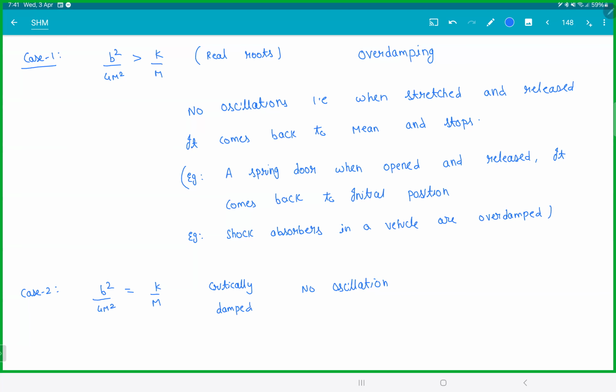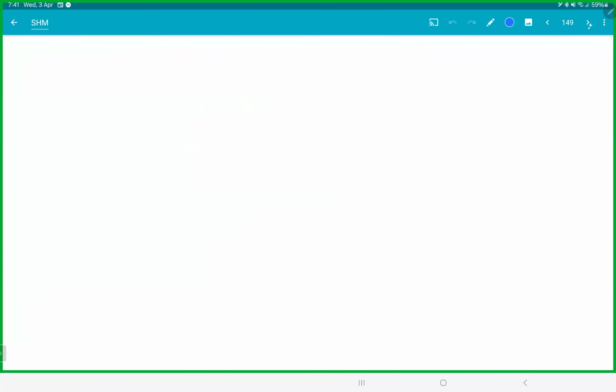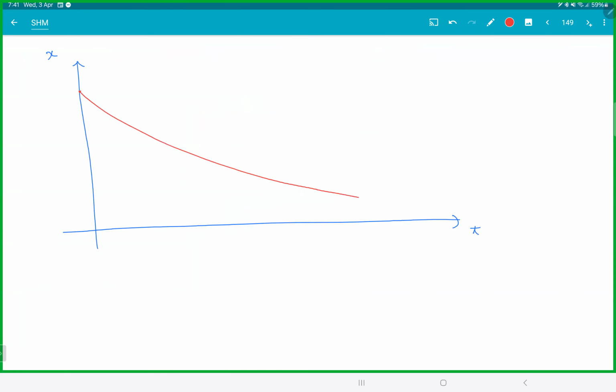The best way to understand the difference between overdamping and critical damping is to put a graph. If you plot a graph of x versus time, starting from here, it's an exponentially decreasing function. This is overdamped. The difference with critically damped is that it will come to the mean position much faster. In critical damping, it will reach the mean position in the fastest time.